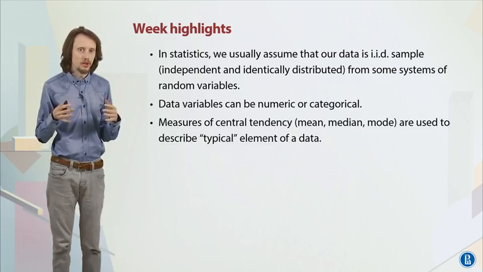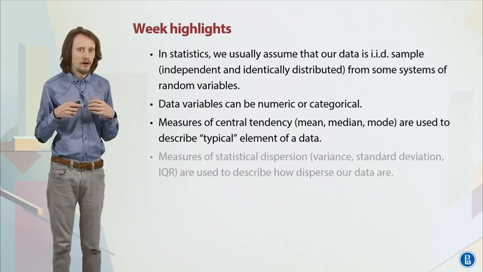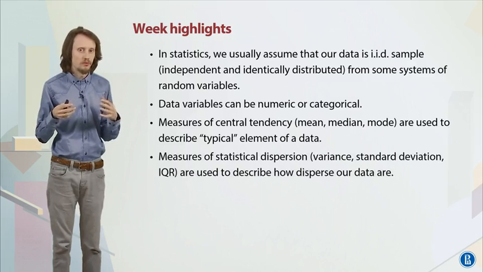There are descriptive statistics that allow us to summarize data. For example, measures of central tendency that allow us to describe, in a sense, a typical element of our data set. And there are measures of statistical dispersion that characterize how different objects in our data set are.